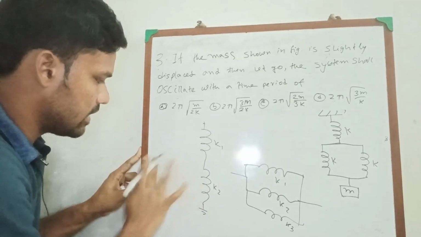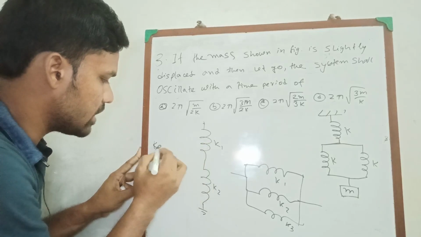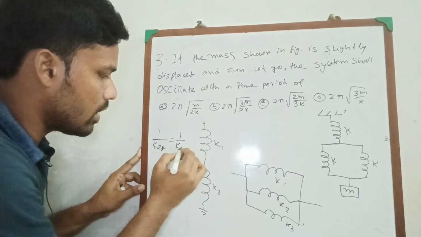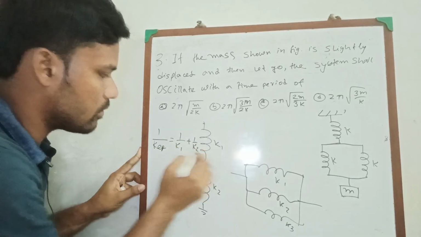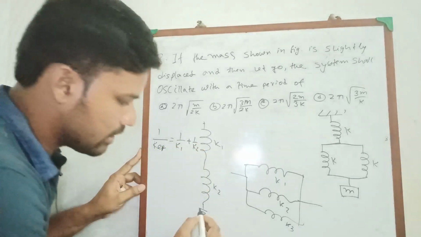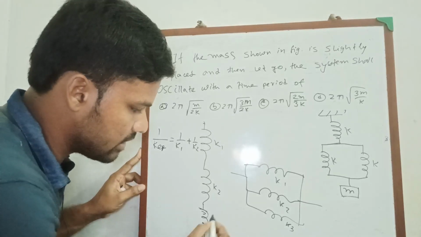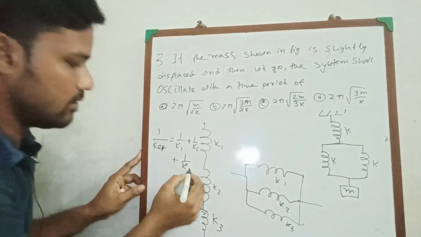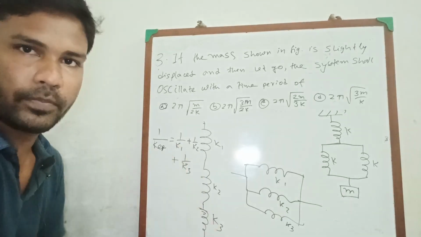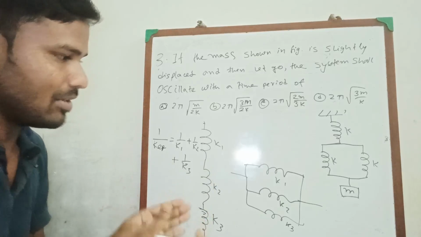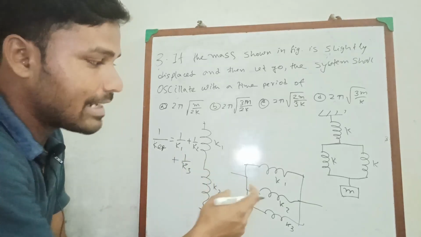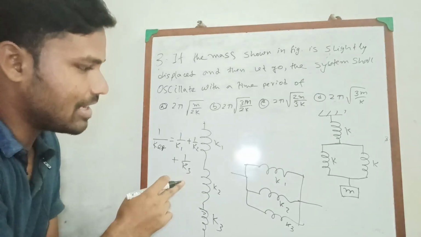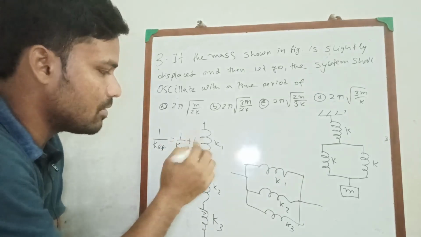In series, 1/k equivalent is 1/k1 plus 1/k2, and for a third spring k3 we can add 1/k3 also, and so on. It is like resistance when we connect resistors in parallel: r1, r2, r3.